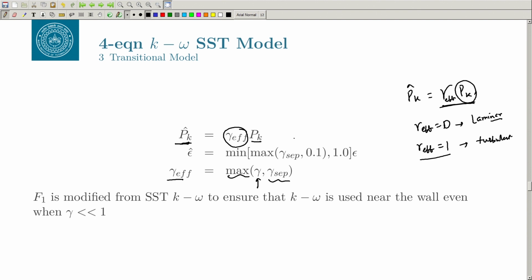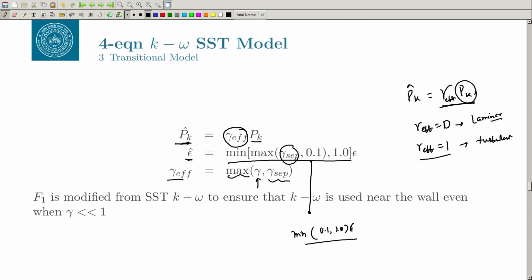Similarly, you can see here the epsilon also has been changed. Forget about the gamma separation. The separation transition will not be covered in the class, but you can go back and look at it here. You can write it as minimum of 0.1 or 1.0 on epsilon.